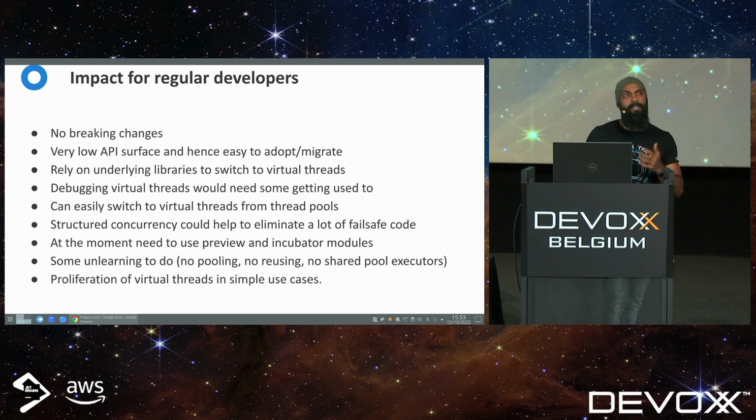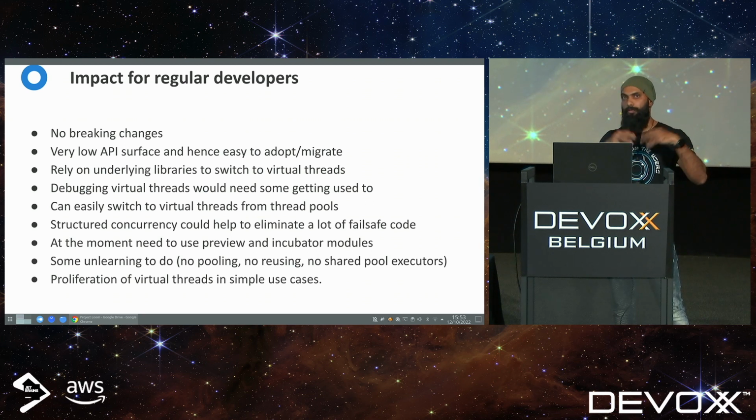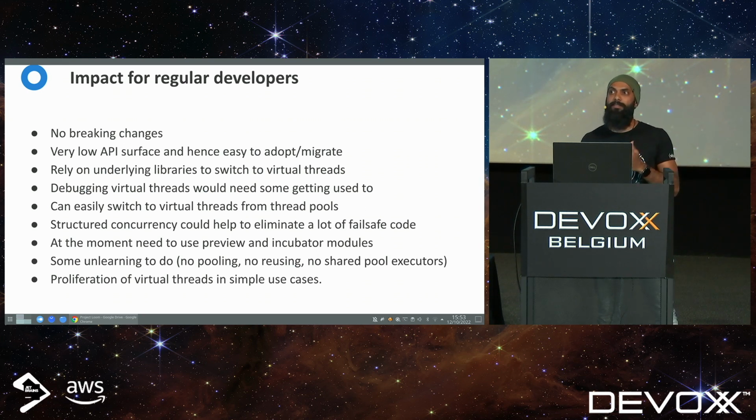But it can be a big deal in scenarios where you are doing a lot of parallel processing in your application. You are doing a lot of manual concurrency without using a framework. Then it could be a great deal for you. And in those cases, migration could be pretty straightforward for you. If you are using a task thread pool, it's a no-brainer. Dump it and switch to virtual threads.